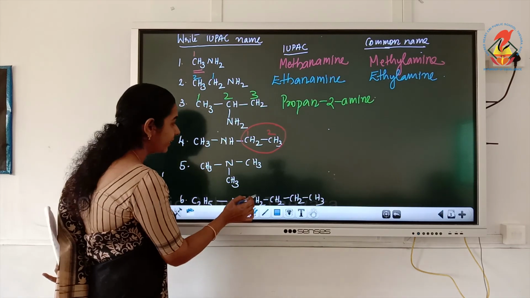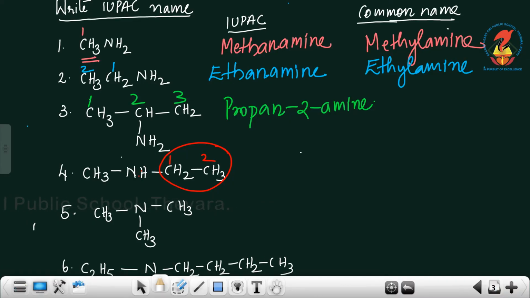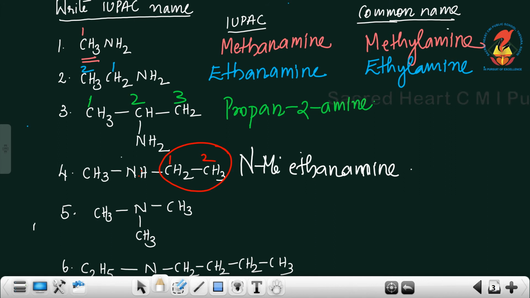So how to write the name: it is 2 carbon atoms, so eth, singly bonded, so ethan-1-amine or ethanamine, and this we have to write as a prefix. It is written as capital N, hyphen, N-methyl. So the name is N-methylethanamine.